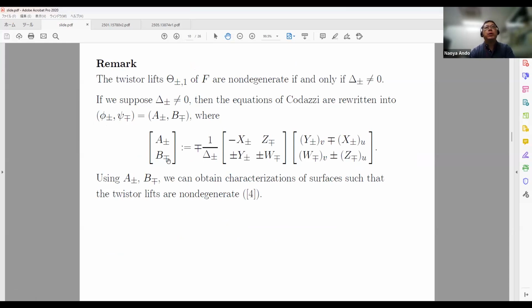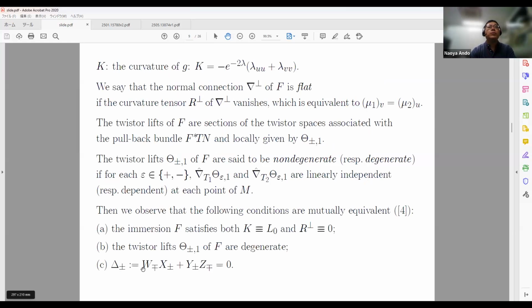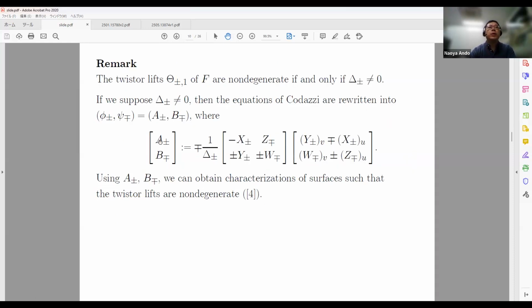Here, A plus minus, B minus plus are represented like this. Noticing that delta plus minus are represented like this by double x, y, z, we see that A plus minus, B minus plus are represented by double x, y, z. Using A plus minus, B minus plus, we can obtain characterizations of surfaces such that the twistor lifts are non-degenerate.